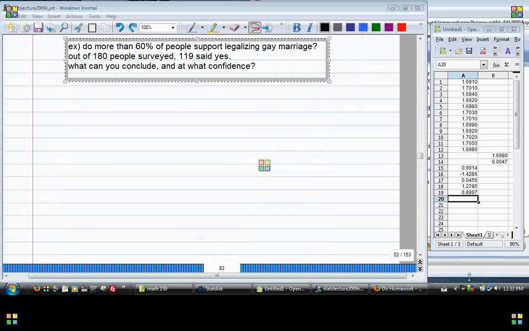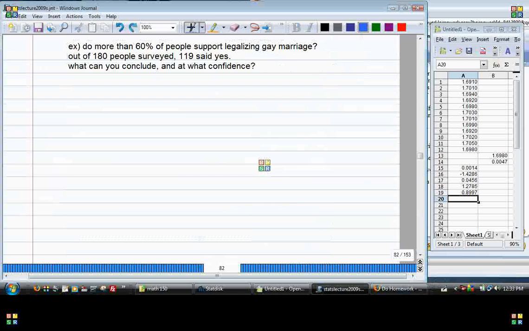So let's talk about this. What do you do? So what's the claim? Well, 0.6 is a number, not a claim, but it's a good start.